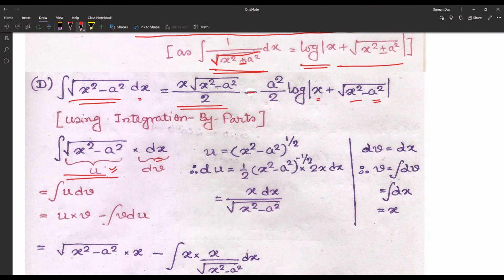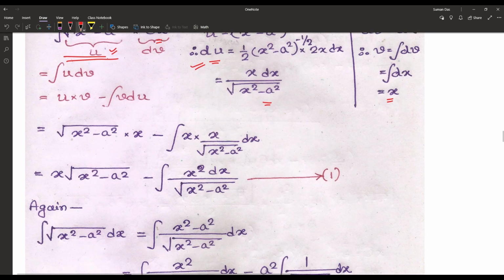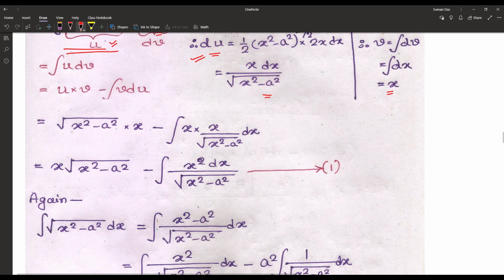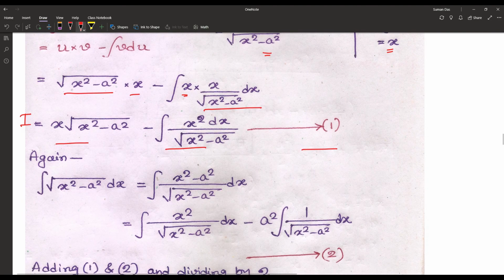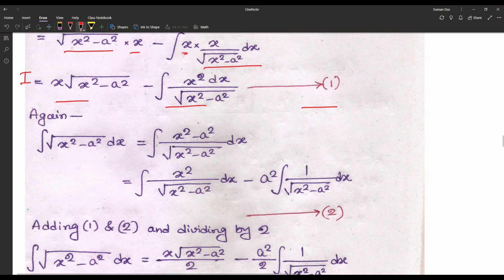So we find the du value and then the v value. Using integration by parts, we get u into v minus v into du, and from that we get the first equation, which is particularly our I. As previously calculated, the same has been calculated for the second part.